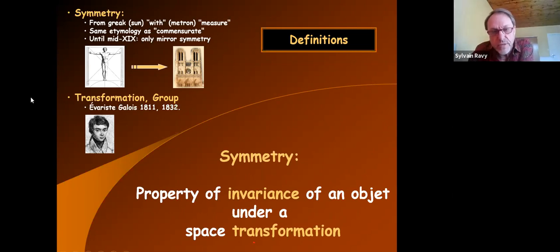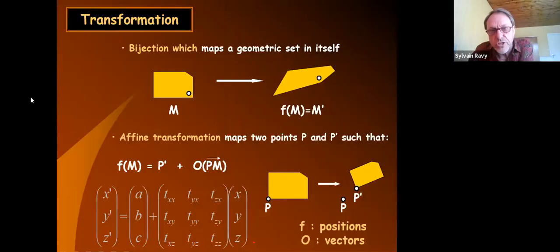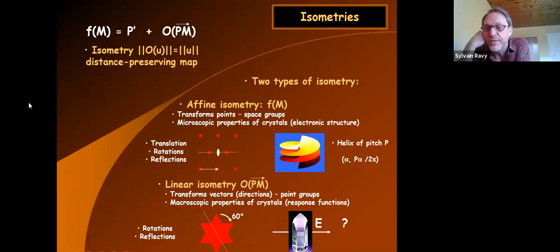This transformation is, in a very general way, a bijection which maps a geometric set onto itself, as indicated here. But we are more interested today in special transformations, which are the isometries.